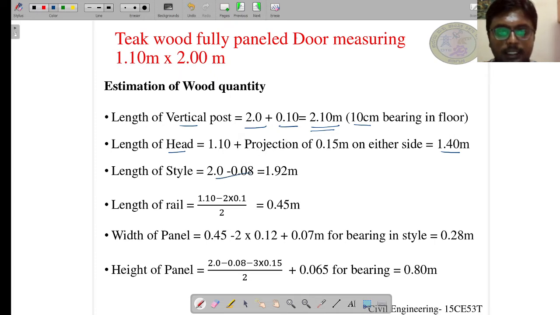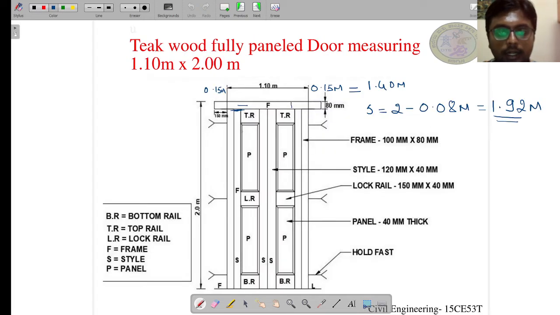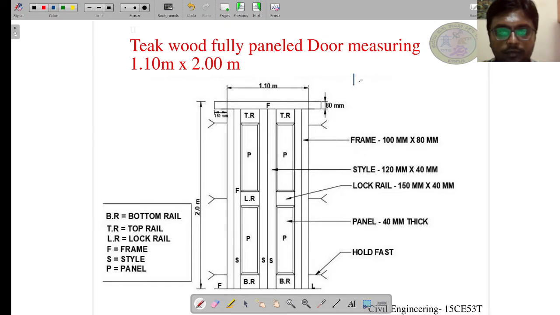So next is the length of the rail. What is the length of the rail? As you can see, we have the width of the door, which is given as 1.10 meter. But this 1.10 meter also includes the width of the vertical post of the frame, which is 100 mm, nothing but 0.1 meter.